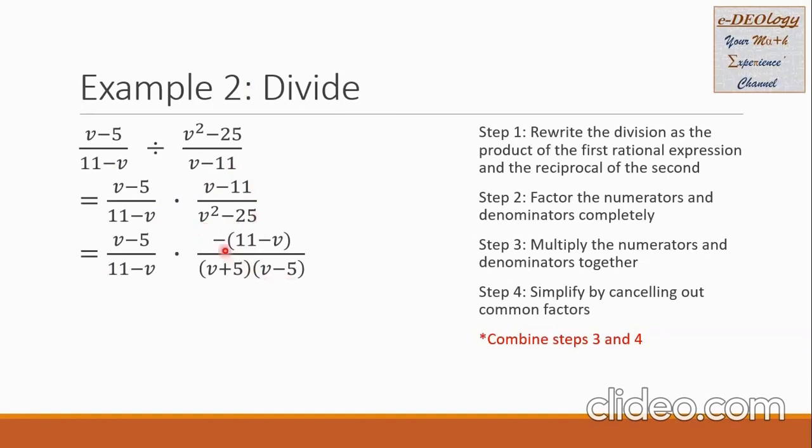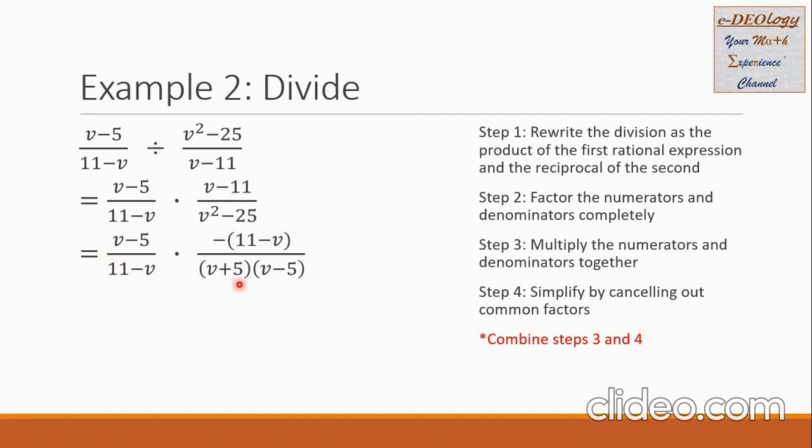In the numerator, the v minus 11, we can write this as the negative of 11 minus v. We put it this way so that later we can cancel this with the 11 minus v in the denominator here.